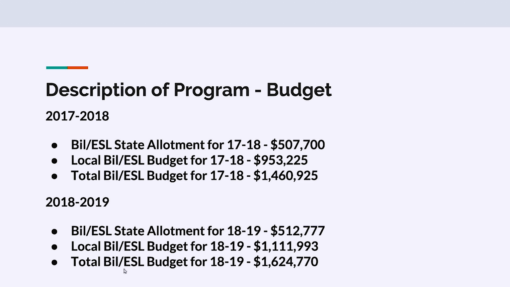So the state allotment will continue to adjust a little bit before the end of the year, but not much. So our budget grew from last year to this year approximately $160,000, with the majority of that being local funds.